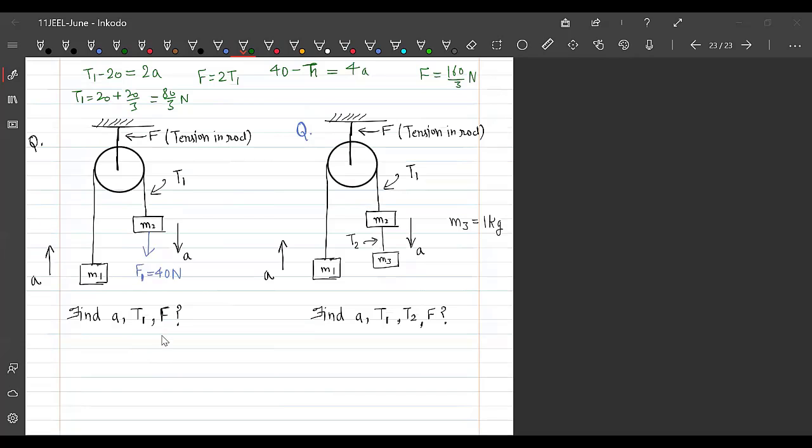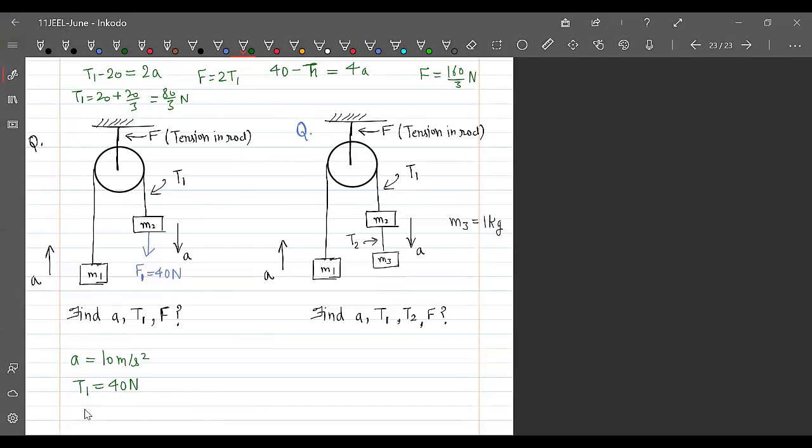For the second question, you can again solve for this like this, 80 minus 20 by 6. Acceleration will be 10 meter per second square. Acceleration is 10. Okay. And T1, that will be 80 minus, yeah, T1 will be 40.